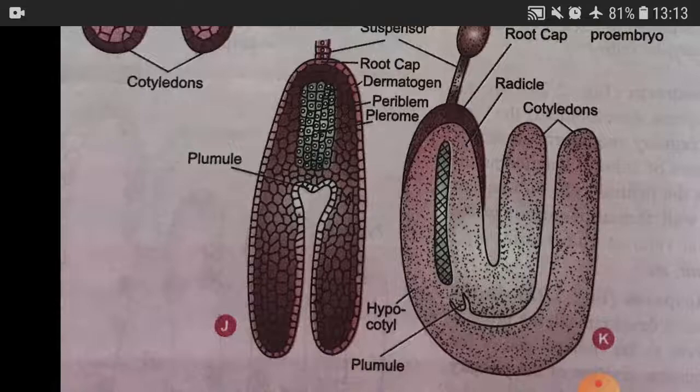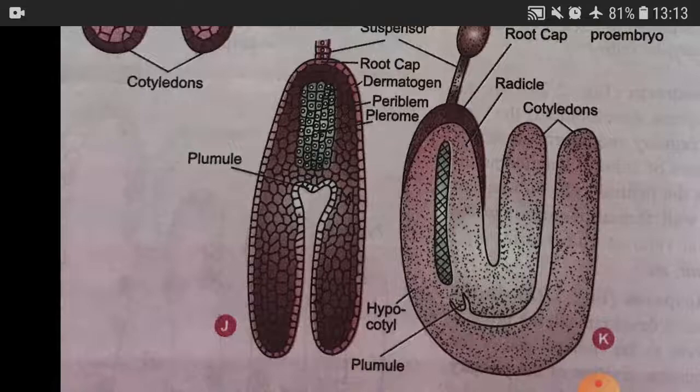So the two cotyledons arise from the two ridges of tissue that appear at the distal region of the proembryo, so that the globular proembryo becomes a heart-shaped embryo. Cotyledons grow rapidly, whereas a few cells between the bases of the two cotyledons differentiate to form a dome-shaped plumule, which forms the future shoot apex.